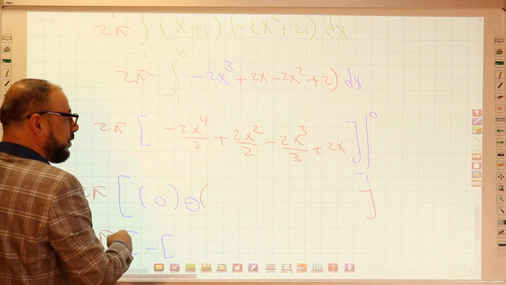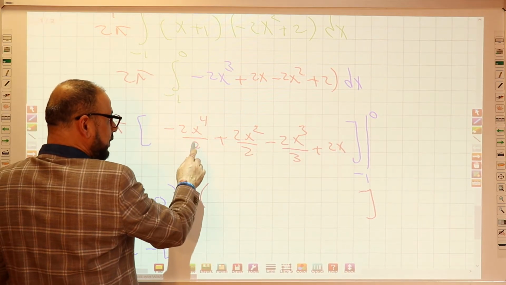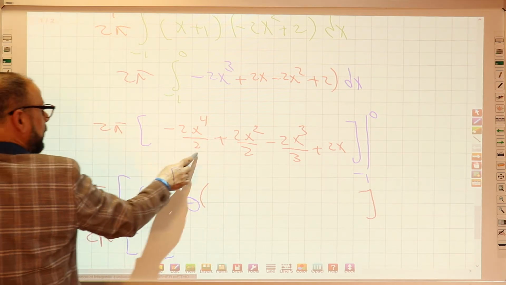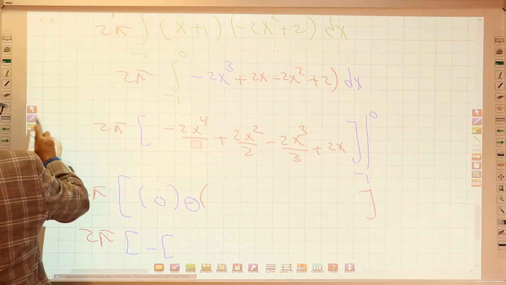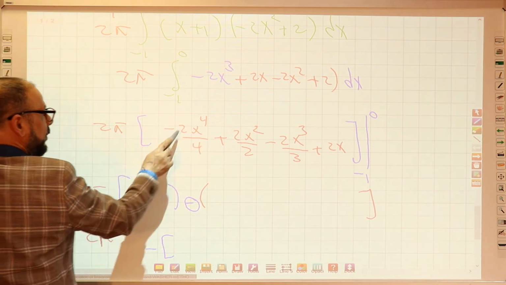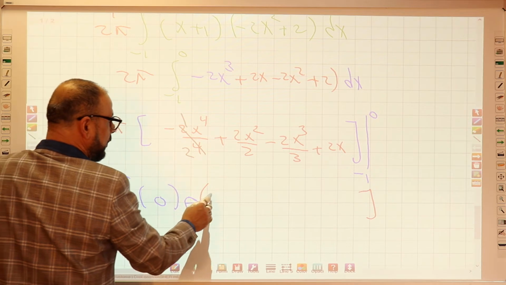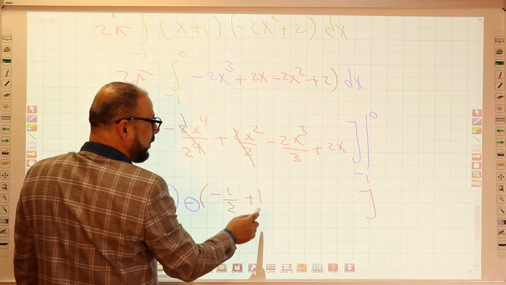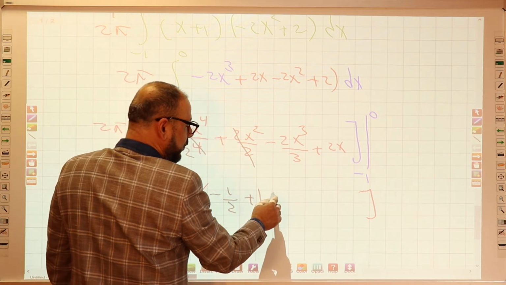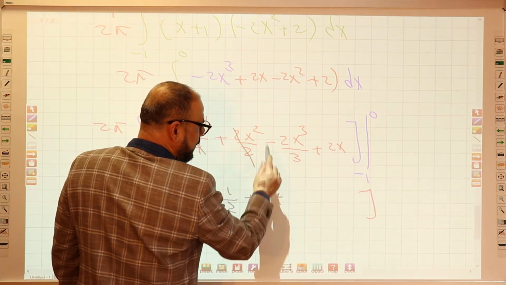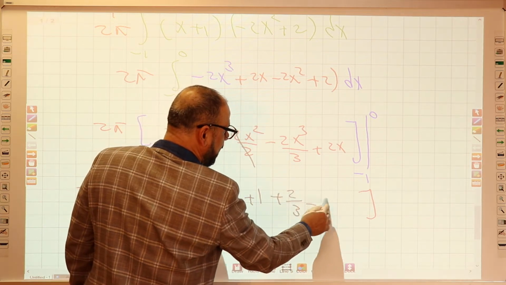At 0 this gives me 0. At negative 1, the first term is negative 2 over 4, which cancels to negative 1 half, and this cancels to plus 1. And this is going to be negative 2 plus 2/3, because negative 1 cubed is negative 1, and negative 2/3 minus 2.